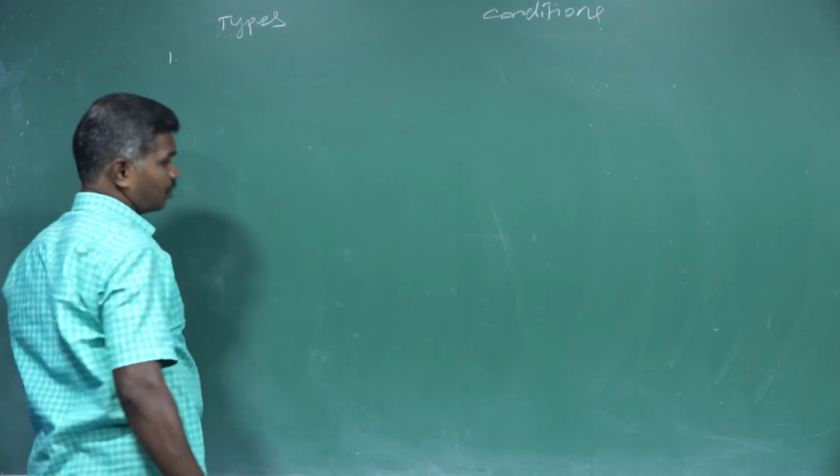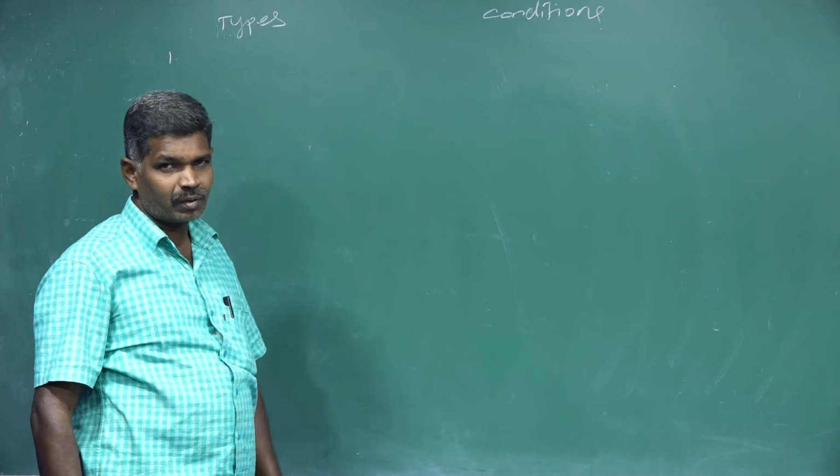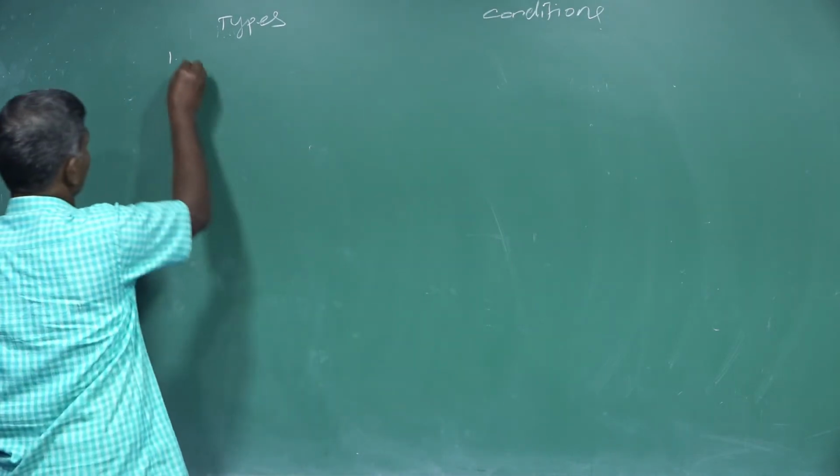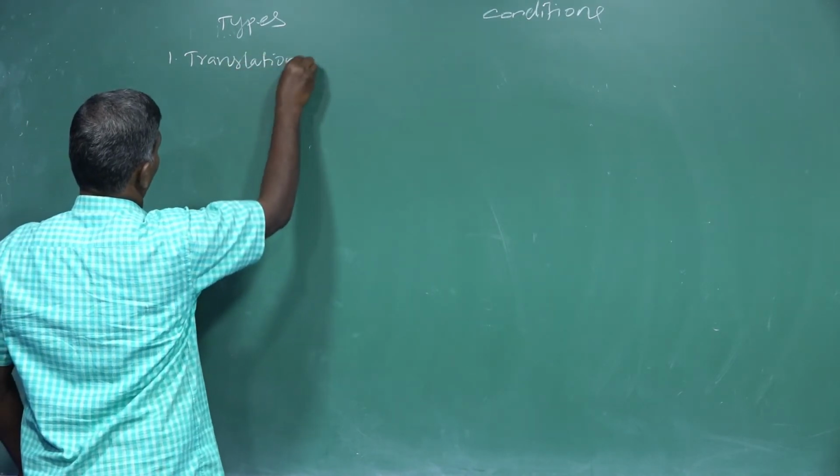First one, as we already saw, is translational equilibrium and rotational equilibrium. First we will take translational equilibrium.